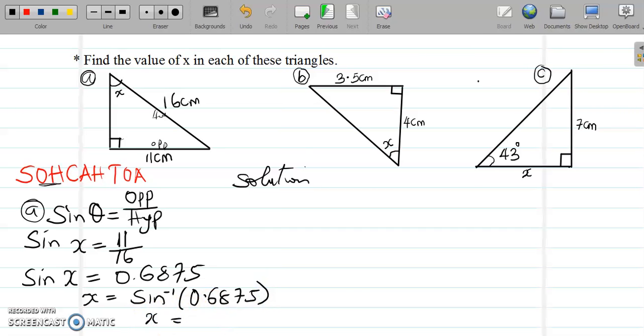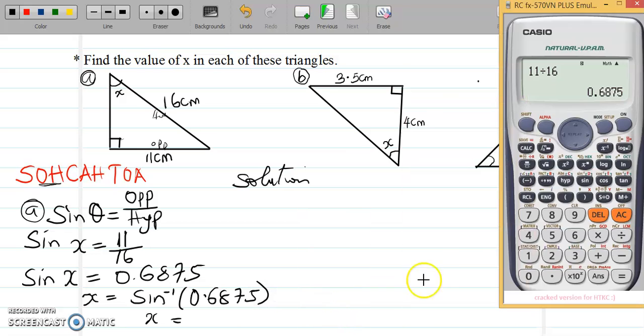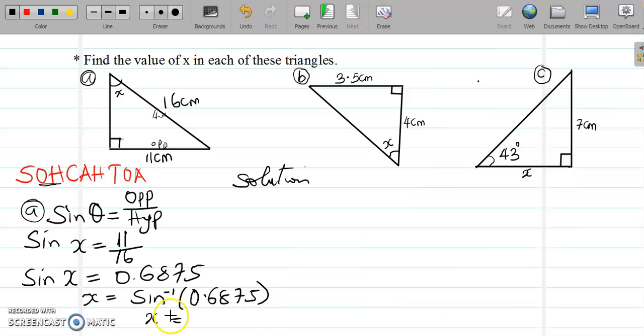Shift sine inverse of 0.6875 gives us approximately 43. So the angle here is 43 degrees. Don't leave it this way, okay?